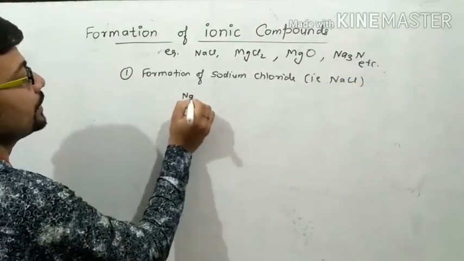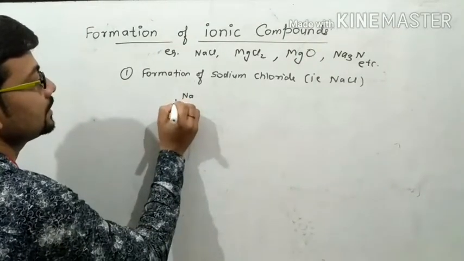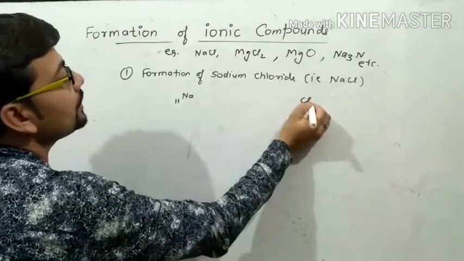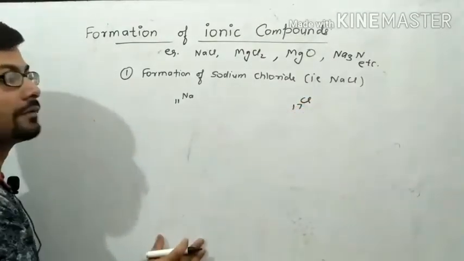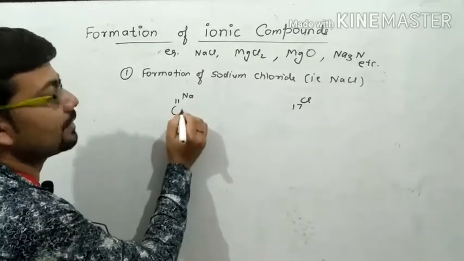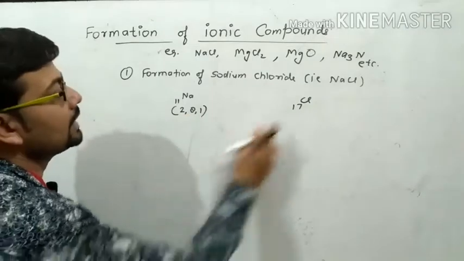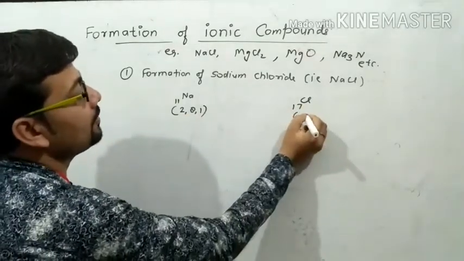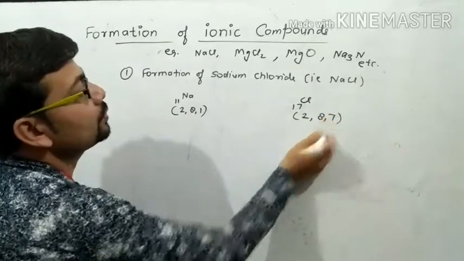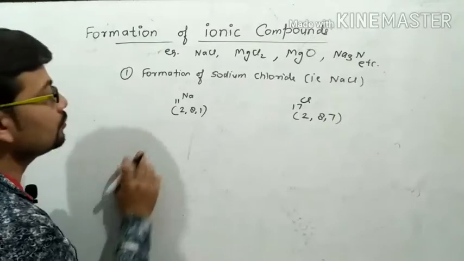As you know, sodium has atomic number 11 and chlorine has atomic number 17. As you know, the electronic configuration of sodium is 2, 8, 1, while in case of chlorine, atomic number 17, the configuration is 2, 8, 7, right?